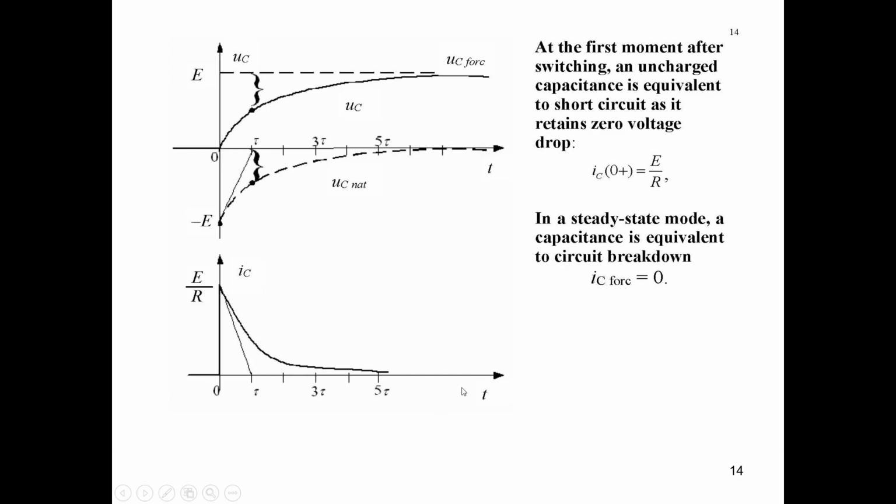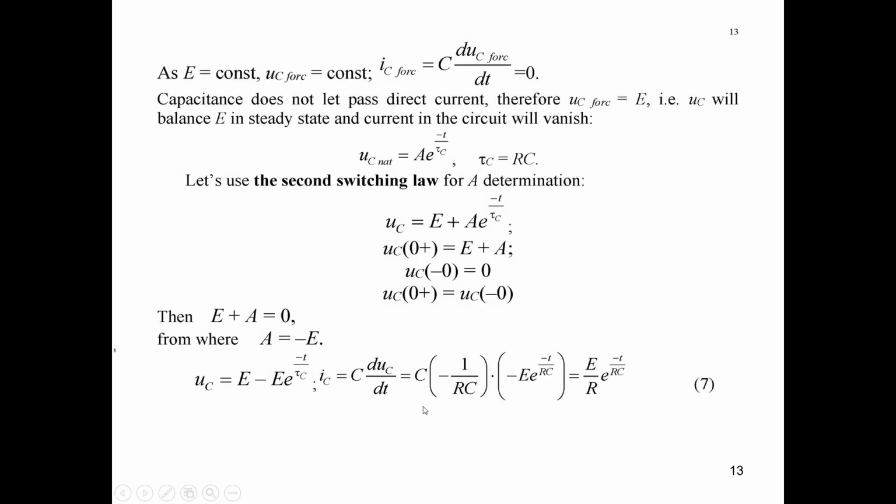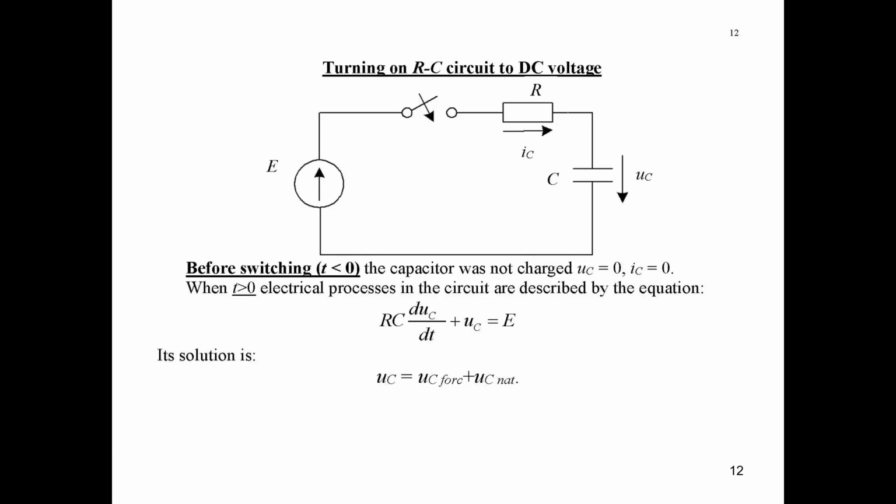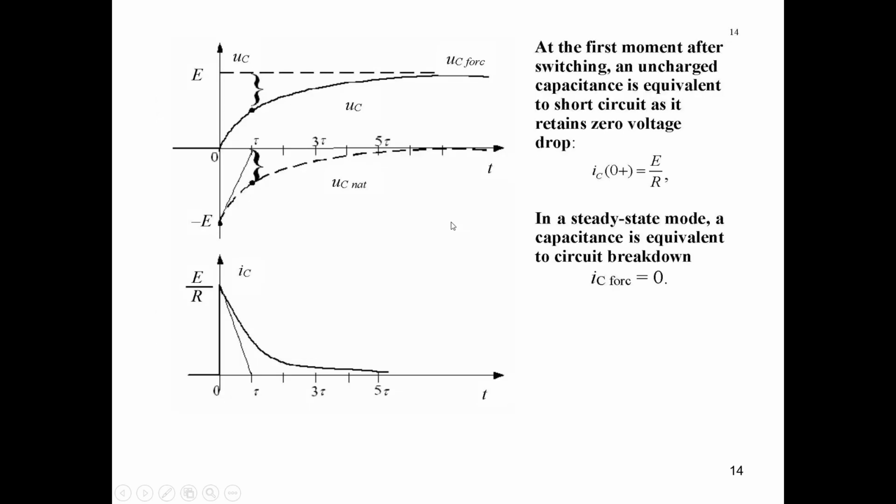And as concerned IC, you can see that it consists only of the transient component, and it tends to 0 when t tends to infinity. Before commutation this IC current was equal to 0 also, because this RC circuit was disconnected from the source before commutation.